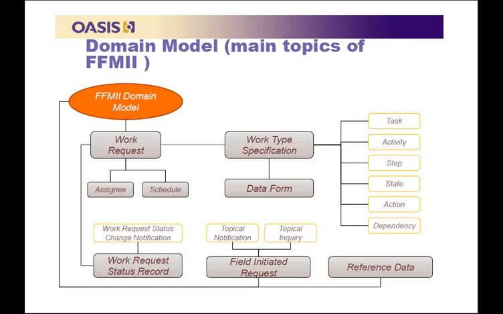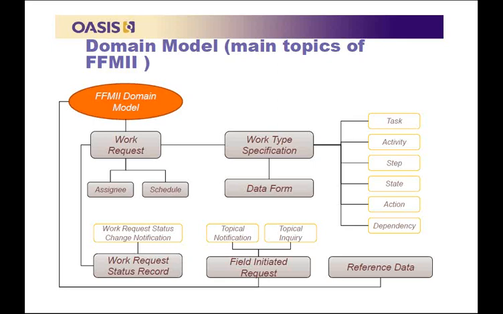So the work request fills in the data forms specified by the work type specification with actual job-specific data. And it also specifies the assignees for the activities and scheduling constraints for the work type specification provided activities.